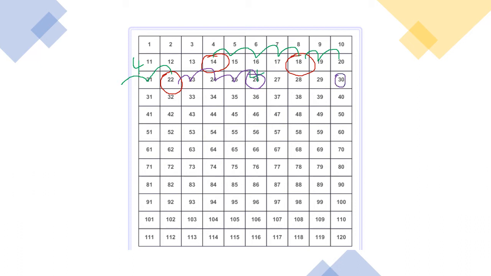Let's check. 1, 2, 3, and 4. And I'm correct. And I can go again. 30 plus 4 is 34. So you can see that my rule is that I have gone up by 4.